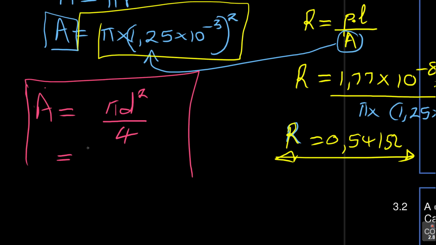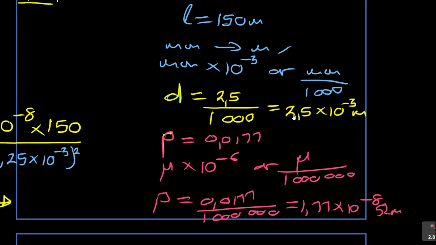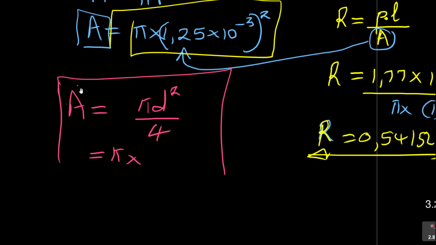And then you take your pi times your d squared. Remember, they told us the diameter. It was 2,5 times 10 to the power negative 3. Now you don't have to change it. This one you don't divide it. Remember, it's squared. You put your square, divide by 4.